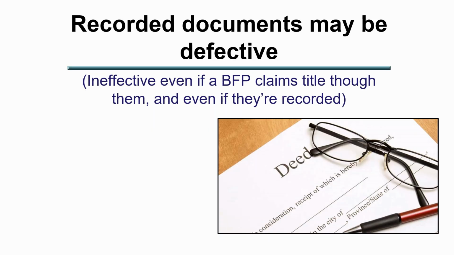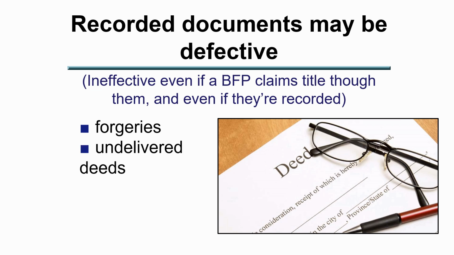We mentioned before that recorded documents might be defective and therefore ineffective even if a bona fide purchaser claims title through them and even though they're recorded. In other words, you can't necessarily believe everything you see in the public records. A deed in the public records might be a forgery. It might be undelivered, and a deed doesn't take effect until it's delivered.